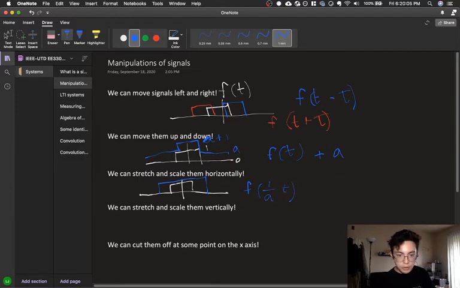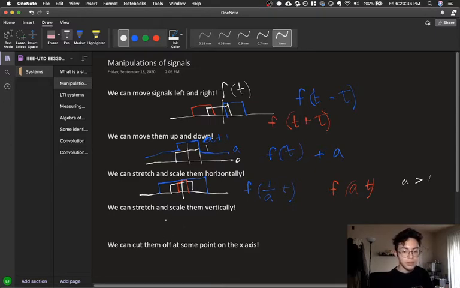And we can scale it smaller, horizontally, by doing something similar: f of a times t. This constant a is a factor that scales the signal up and down depending on its value, right?